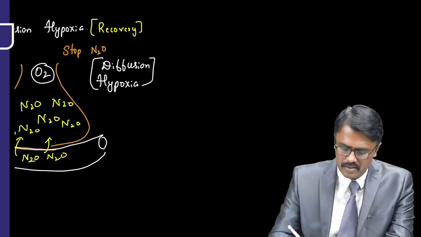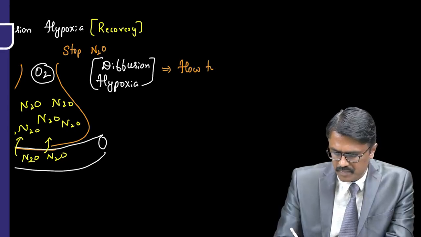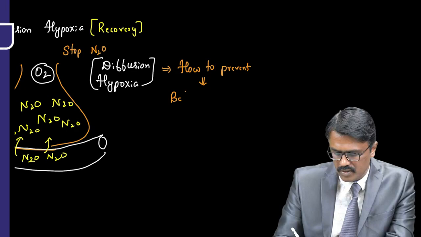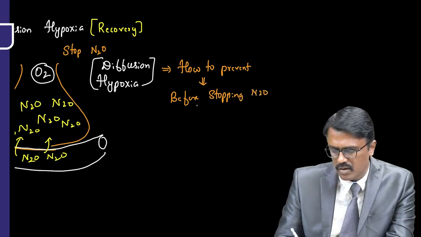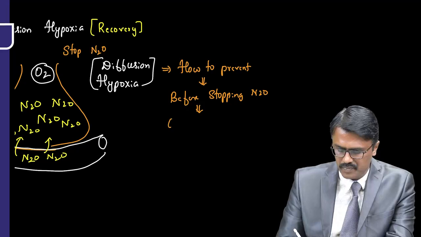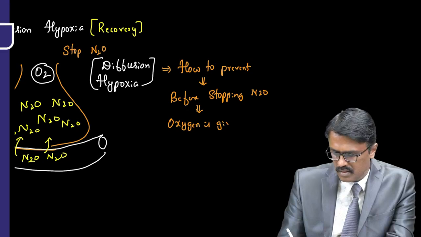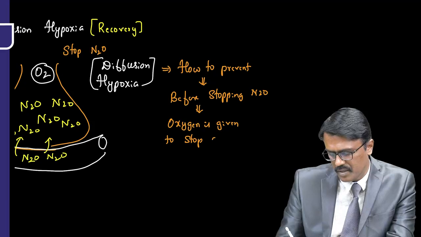So how to prevent this, sir? Now the prevention is done like this. Before stopping nitrous oxide, what we should do is give oxygen, to stop diffusion hypoxia.